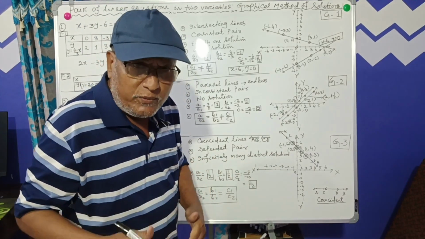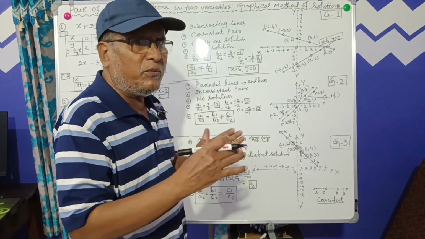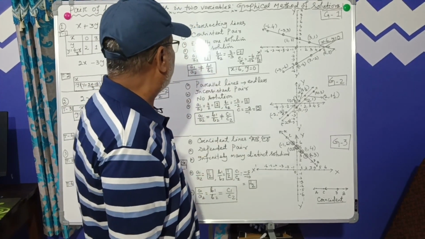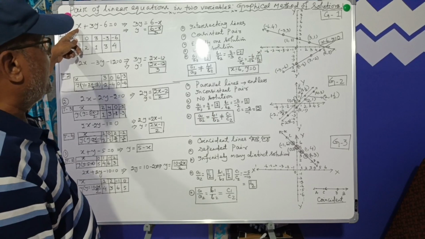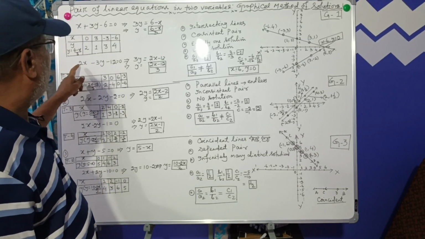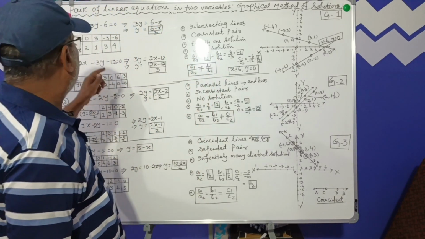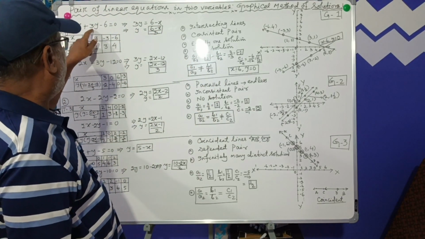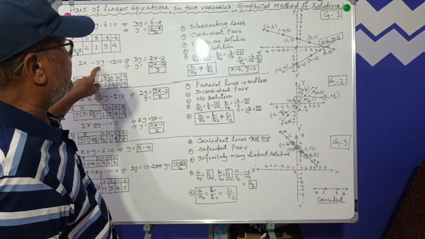So when we compare the coefficients of x and y, what do we observe? You see, here the coefficient of x is 1, here the coefficient of x is 2. So a1 by a2 is 1 by 2. Now come to b1 by b2, that is 3 by minus 3.